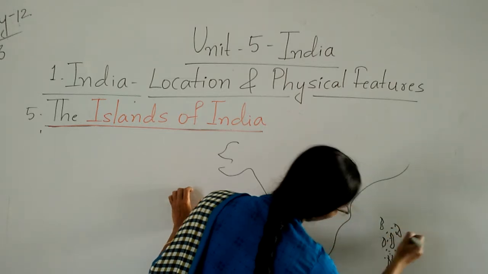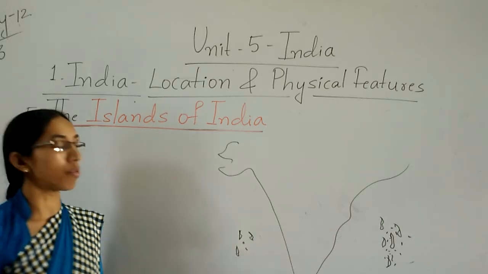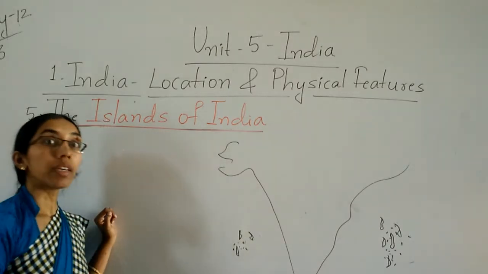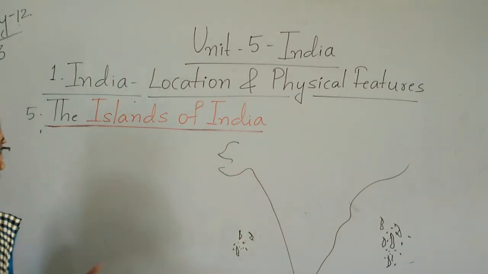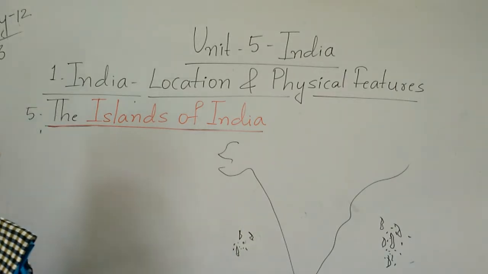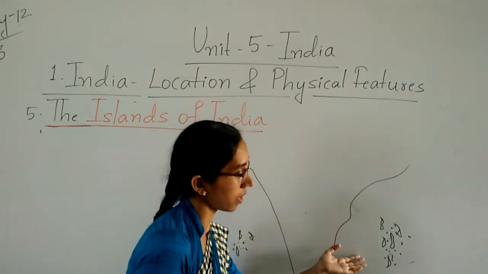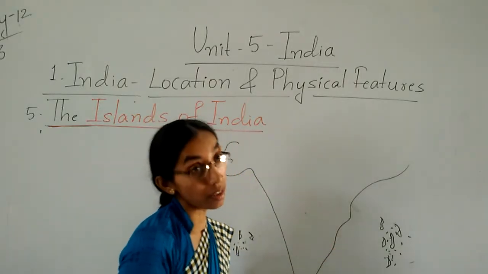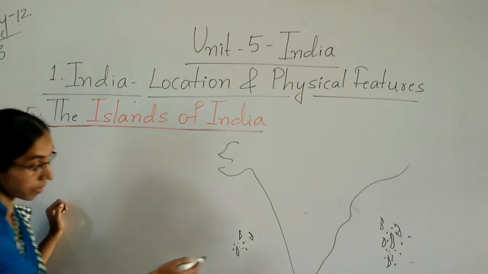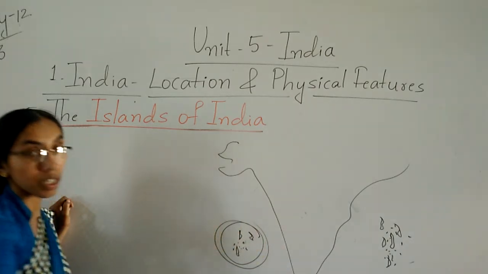See here. This is the islands. In India map you can find out there are small dots. That means what? It's the island. In the western side we can see the Lakshadweep island, and the eastern side we can see the Andaman and Nicobar island. See here, this island is surrounded by water.